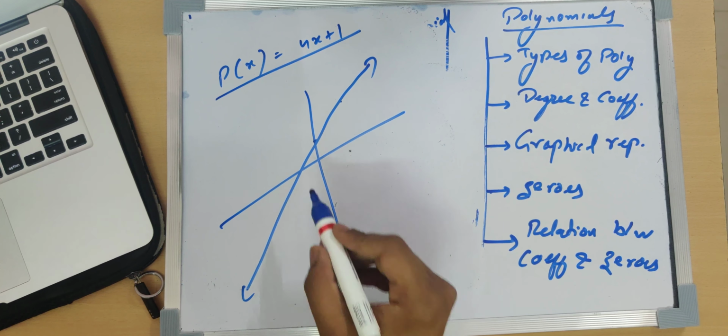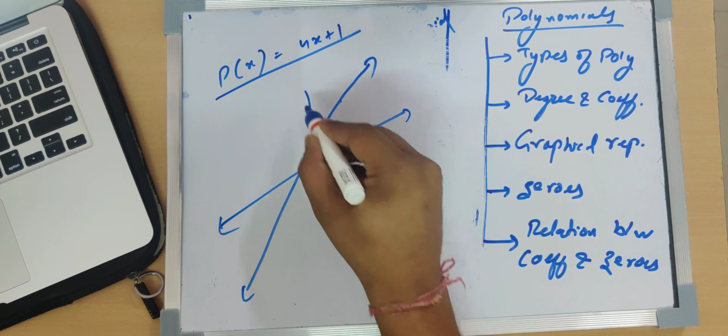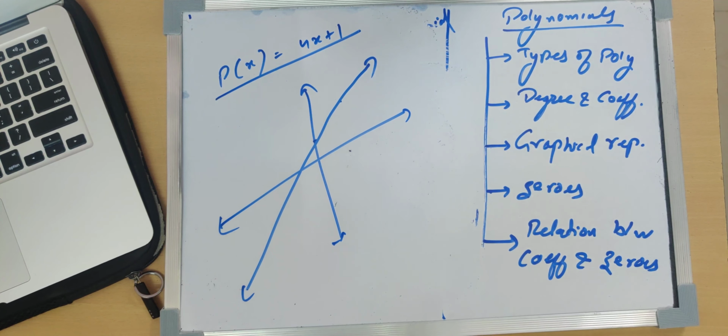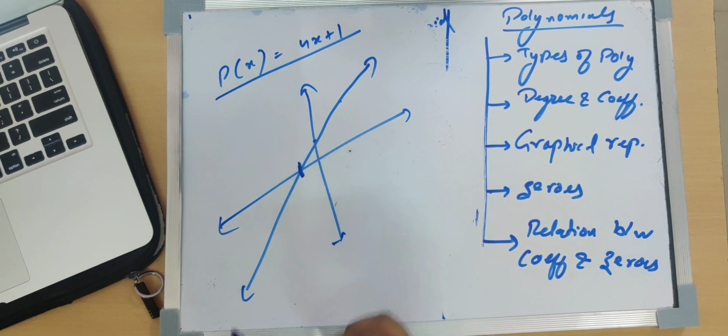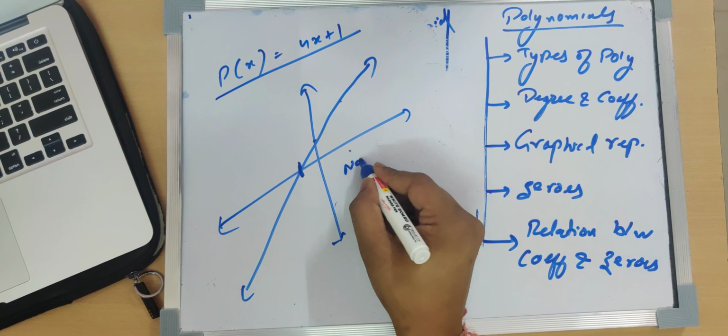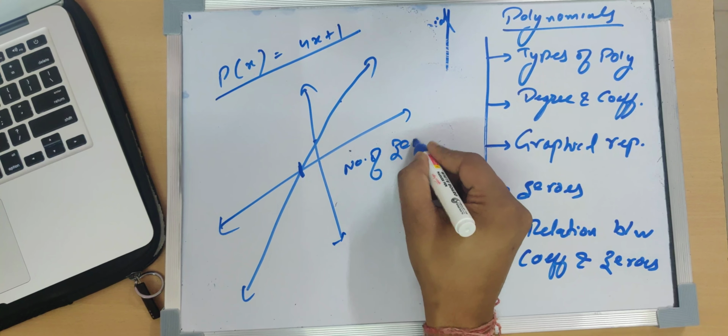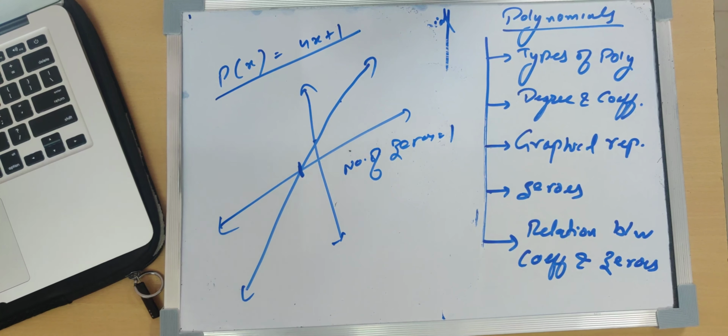We can say by seeing at how many points the graph is touching the x-axis. So here there is only one point where the graph is touching the x-axis. That means the number of zeros is equal to 1.